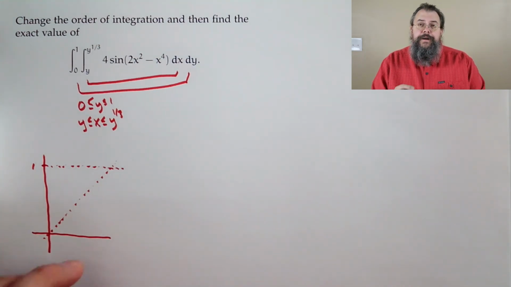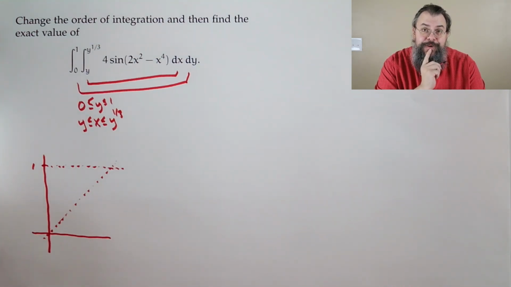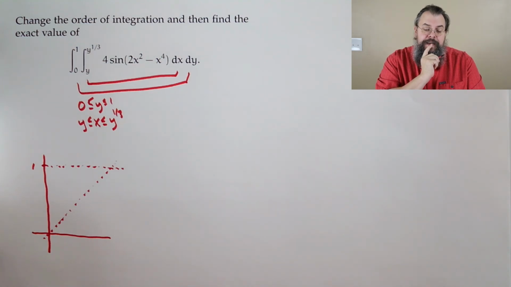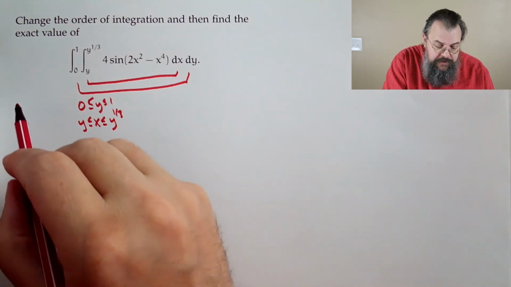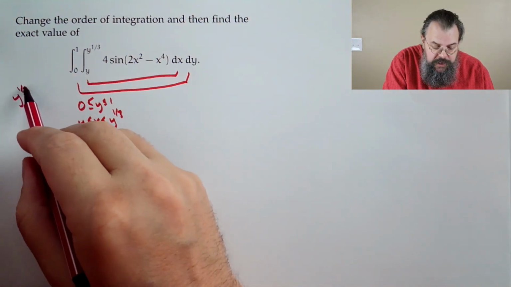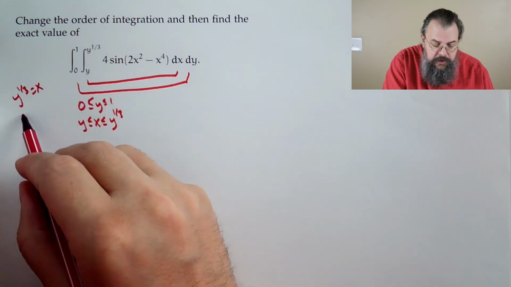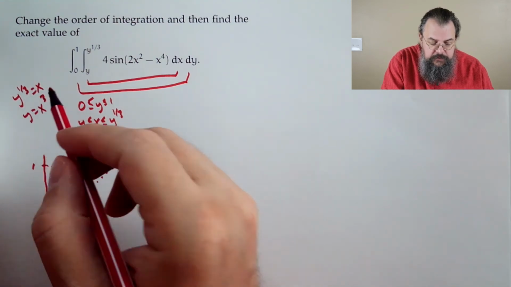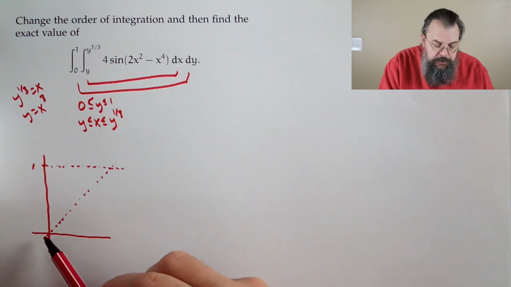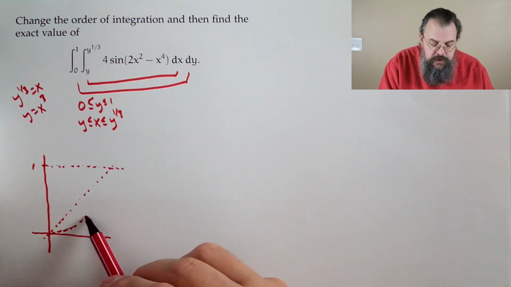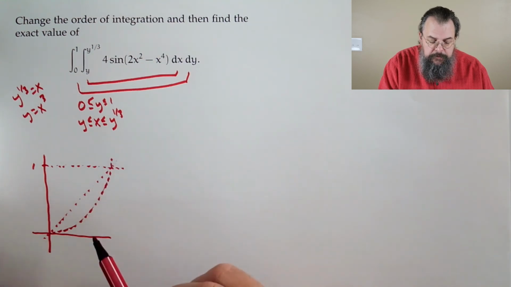And y to the 1/3 equals x. Now, maybe that's not so easy to think about what that looks like, but we can say, hey, y to the 1/3 equals x is the same as y equals x cubed. I can take the cube of both sides. So that would be a cube that does something like that.